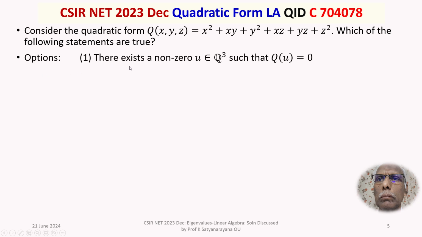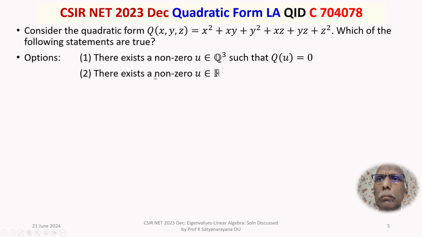Option 1, there exists a non-zero u belongs to Q cube, that is Q cross Q cross Q, that is a triad of the entries coming from the rational field, such that Q of u is equal to 0. That means the value of the Q at the triad u is 0.